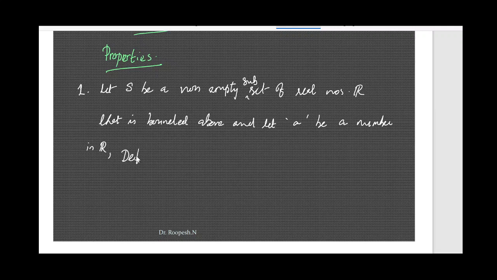Define the set A plus S equal to the set of all A plus S such that S belongs to capital S. So this is our set. Now we will find out what is the supremum of this set.